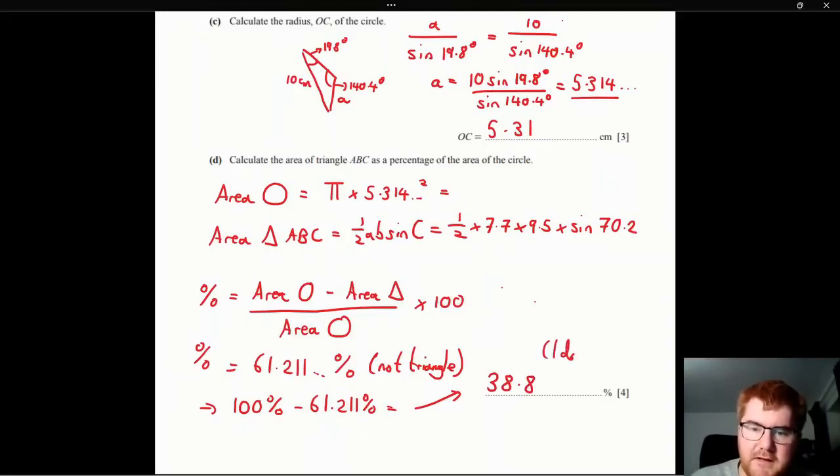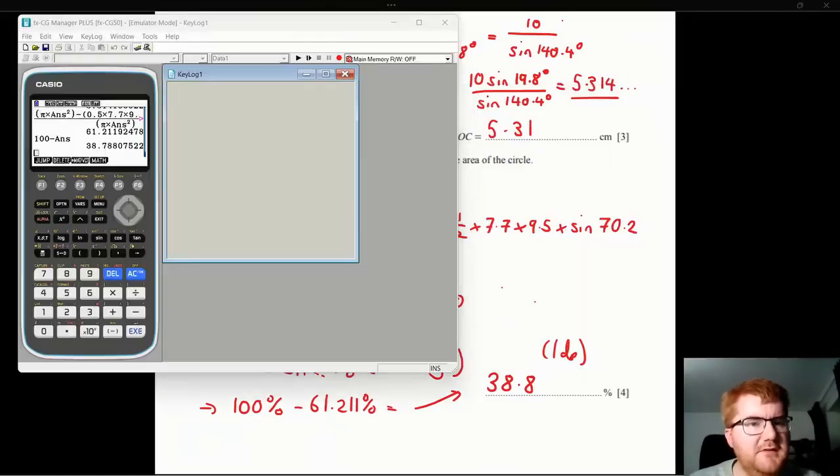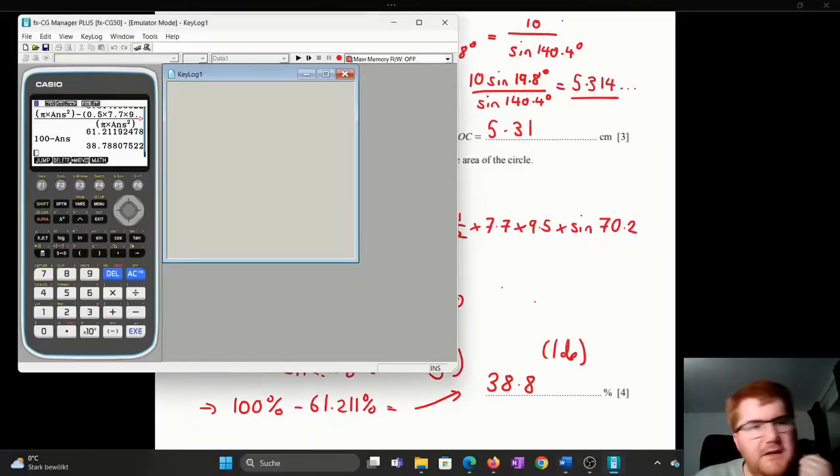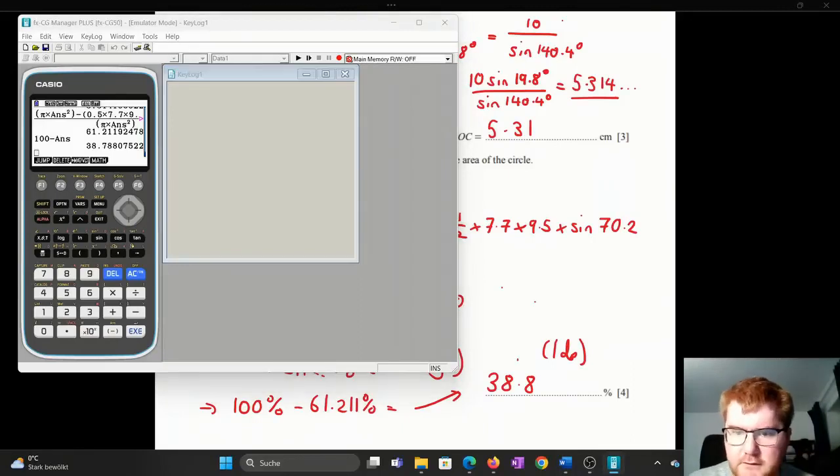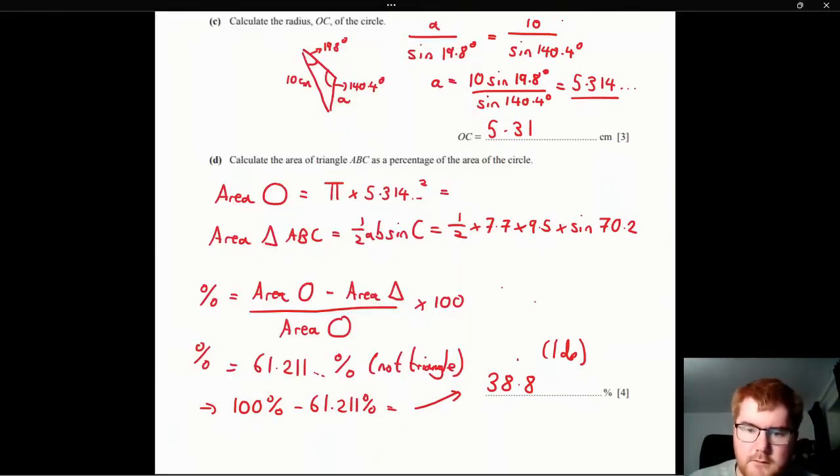That's to 1 dp. Probably should do this to 2 dp. 38.79. 38.79% for the 4 marks.